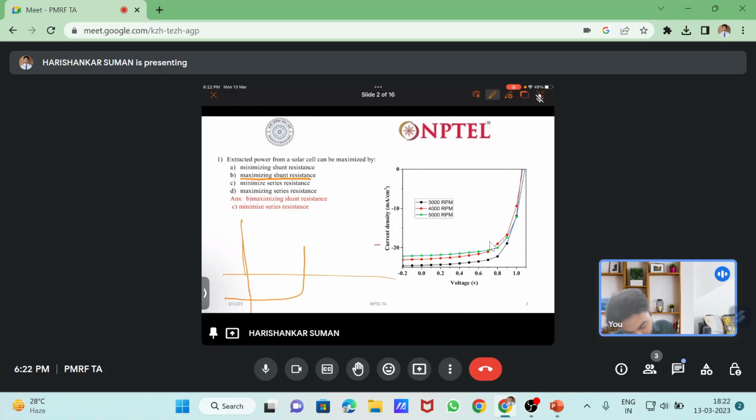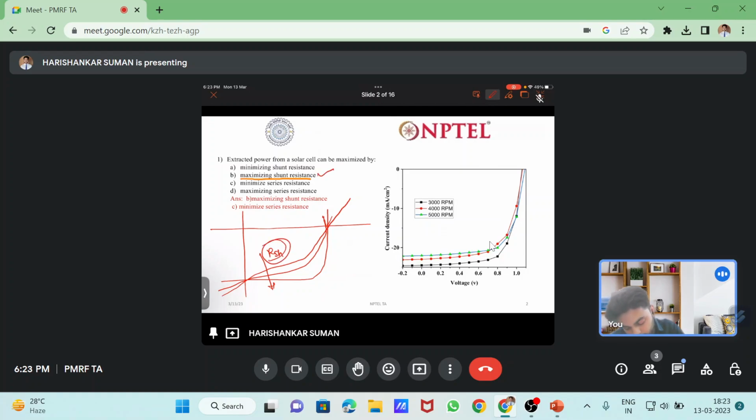So shunt resistance is maximized like that. To control series and shunt: shunt resistance increases like that, so shunt resistance should be maximum.